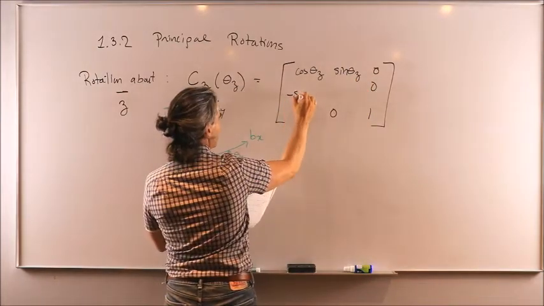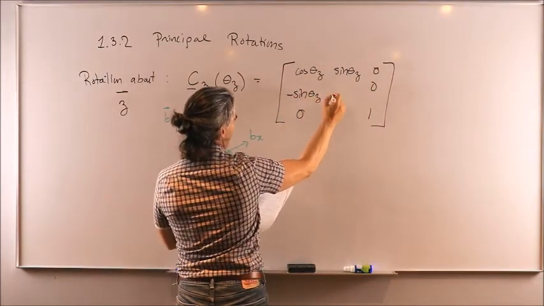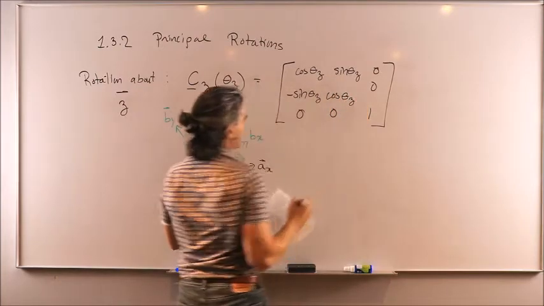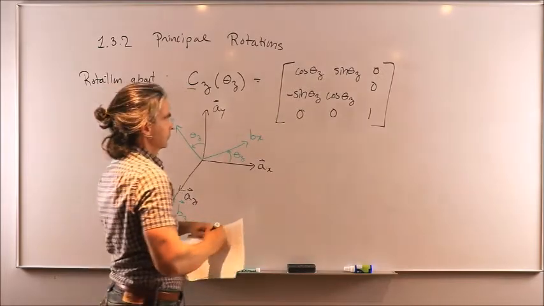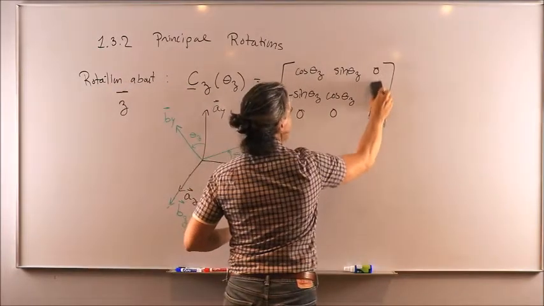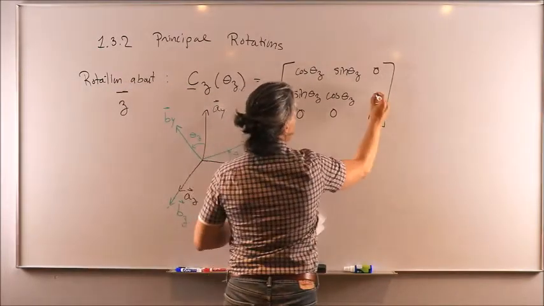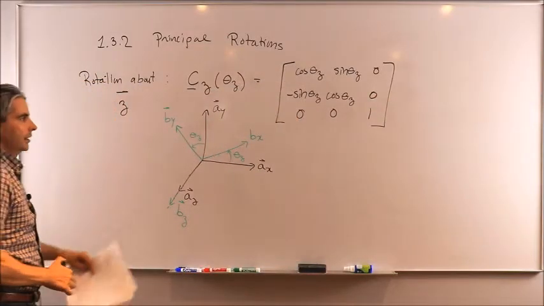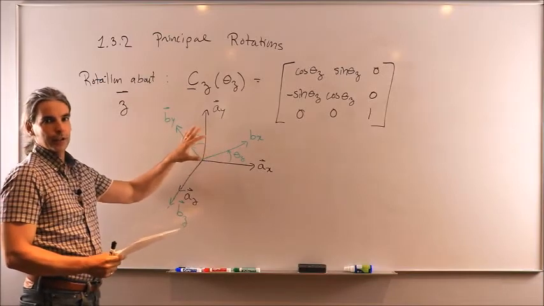Here you would have minus sine and finally cos theta z. Okay? So that will be your rotation matrix if this is the situation you're dealing with.